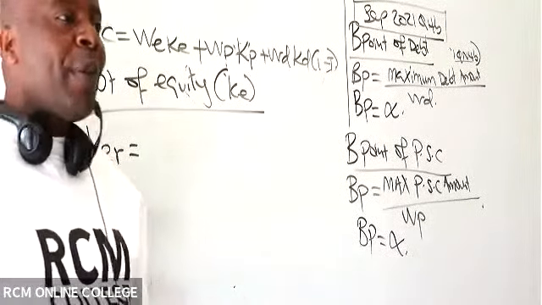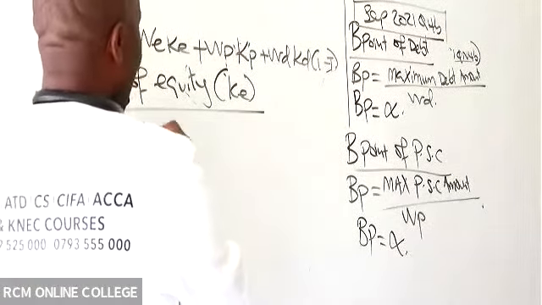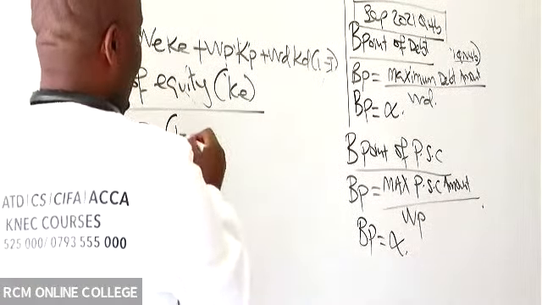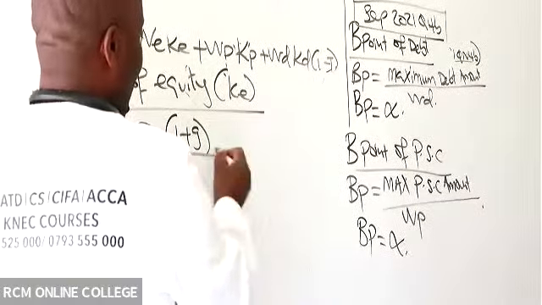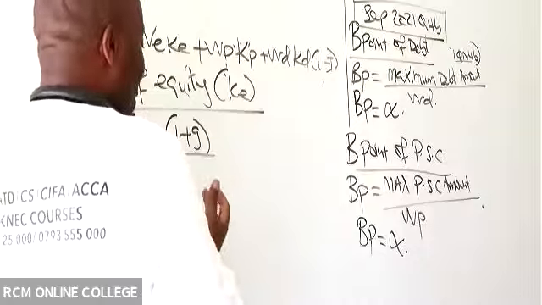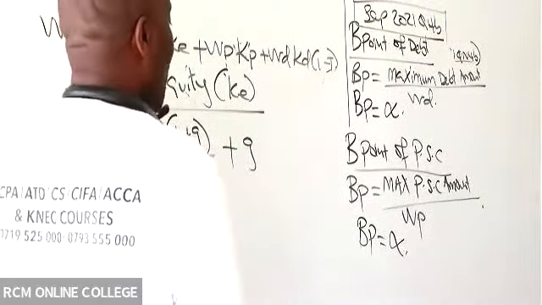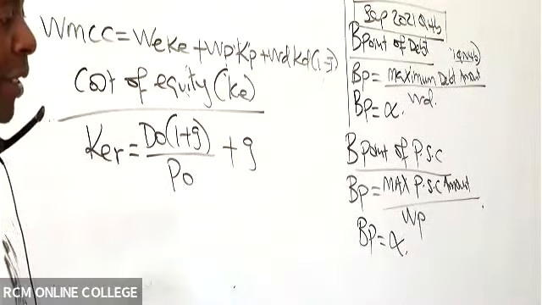Are you able to remind us the formula for getting cost of equity? It is D0 into 1 plus g over P0, plus g.